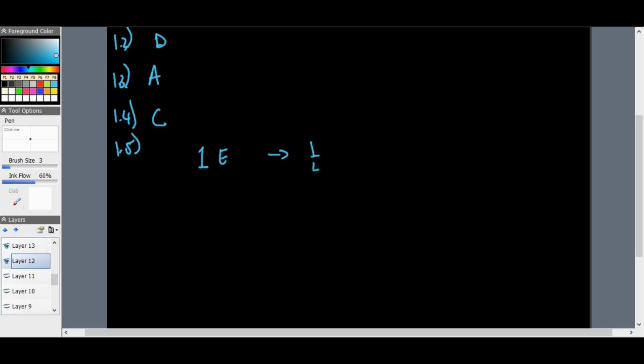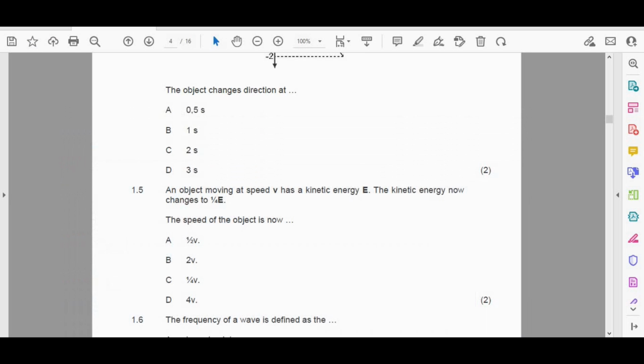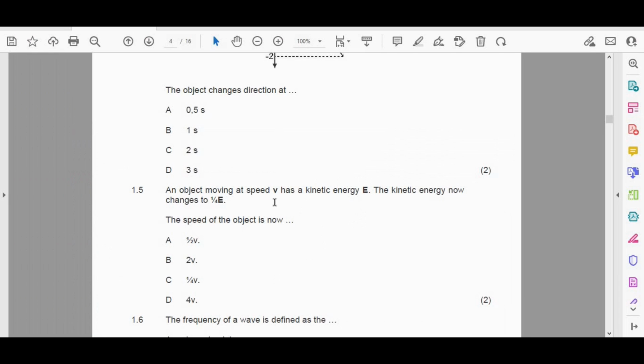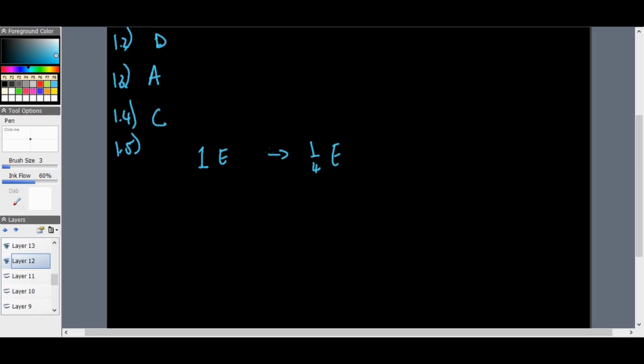That becomes a quarter E. The question was, an object moving at a speed v has a kinetic energy of E. So now we've got a new energy, a quarter E. So what is the new speed of the object? We need to find out what the new v is.